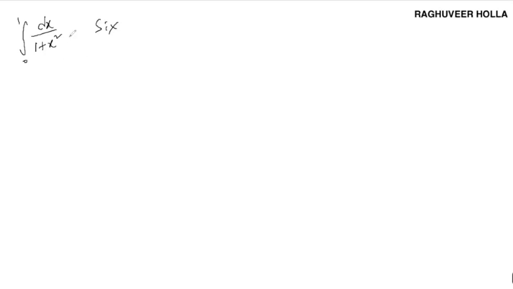As you know, x naught is 0 and xn is 1. So h will be 1/6.